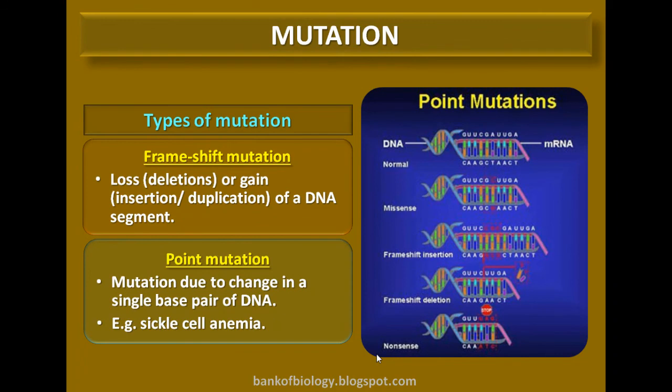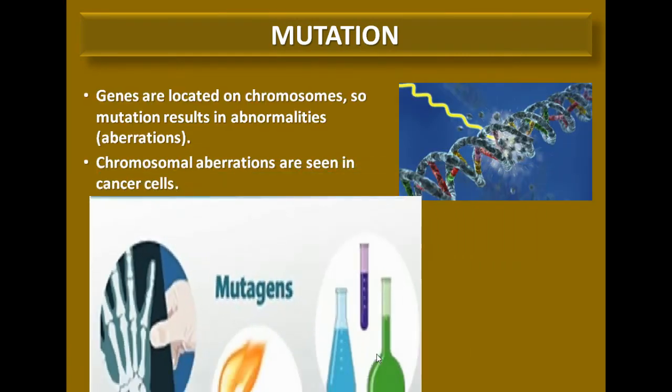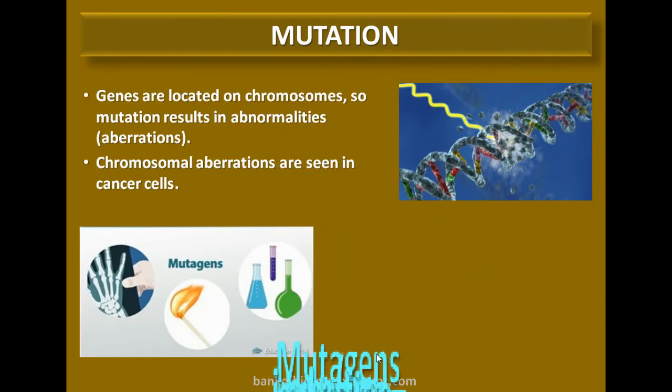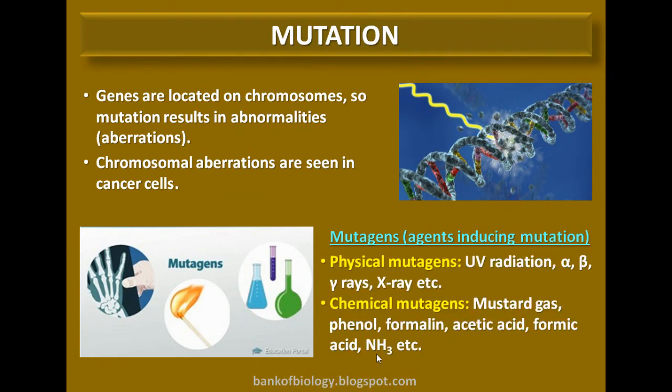An example of point mutation is sickle cell anemia. The genes are located on the chromosomes, so mutation results in abnormalities or aberrations. And chromosomal aberrations are seen in cancer cells.